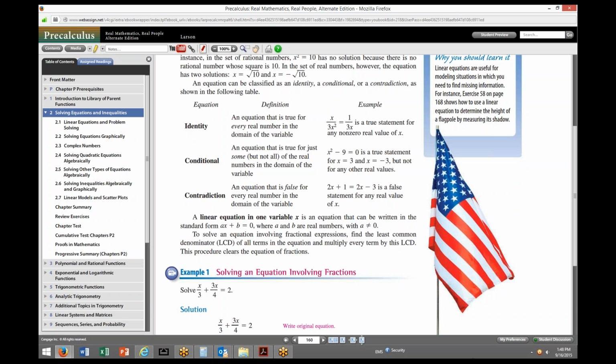And the simplest example I can think of, a contradiction where it looks like it's an equation but it's actually false, it's really not equal on both sides, is, for example, if I made the claim x equals x plus 1. Find all values of x such that x equals x plus 1.